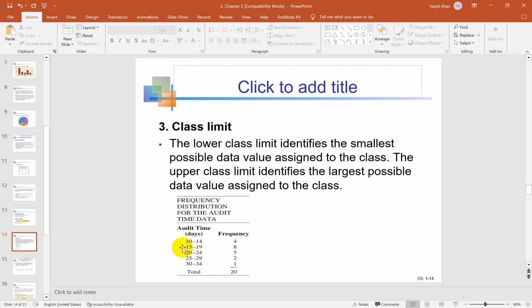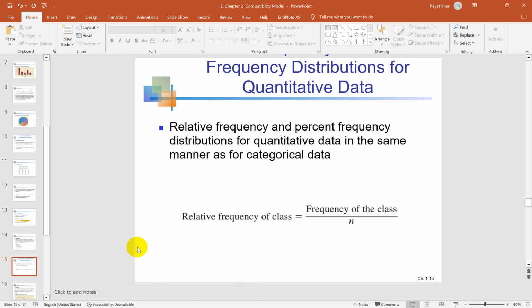Non-overlapping classes mean that 14 is here, so again, here we cannot start from 14. We must start from 15, that's from 15 to 19. And then from 20 to 24, we cannot start from 19. So this is called non-overlapping classes. And the frequencies are 4, 8, 5, 2, 1, and the total is 20.